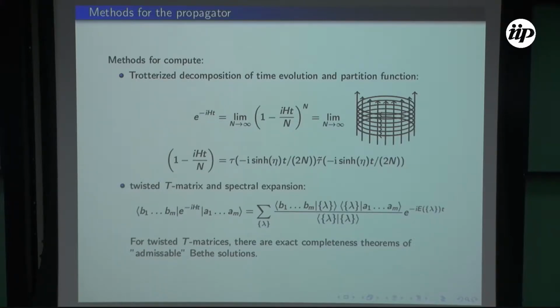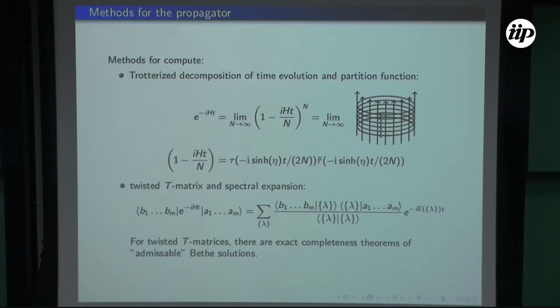The main idea of the first method, which was our original idea, is that you take the Trotter decomposition of your time evolution, and this can be expressed as a product of the transfer matrix and the transfer matrix with the switched auxiliary field.